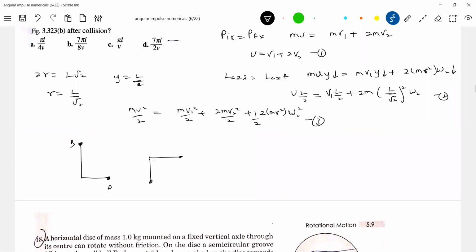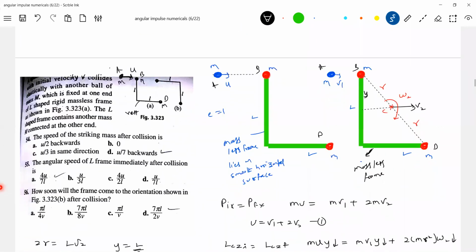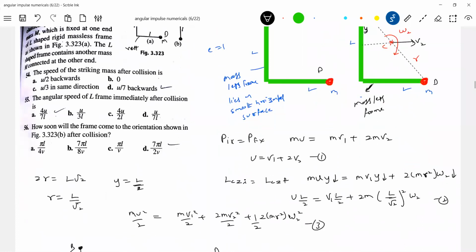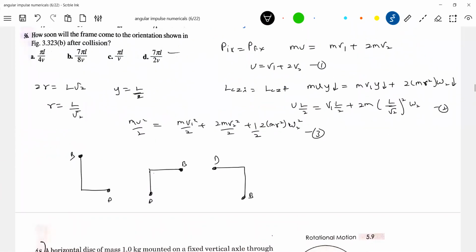This will become B, this will become D. Fine, I think that's what is asked. So how much has the frame rotated, this is t equal to 0. What is the angular displacement it has undergone?